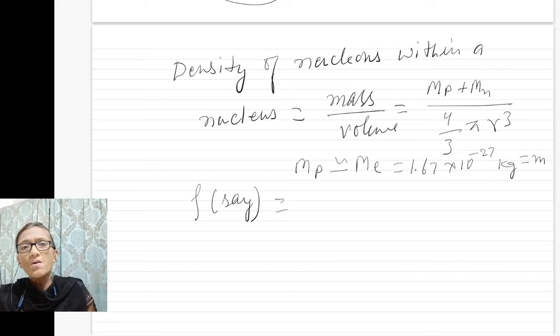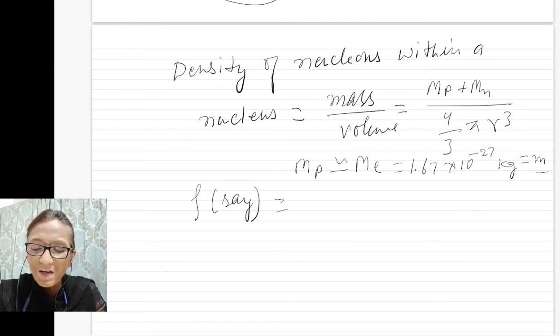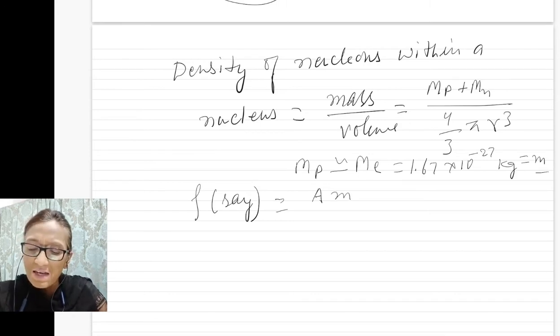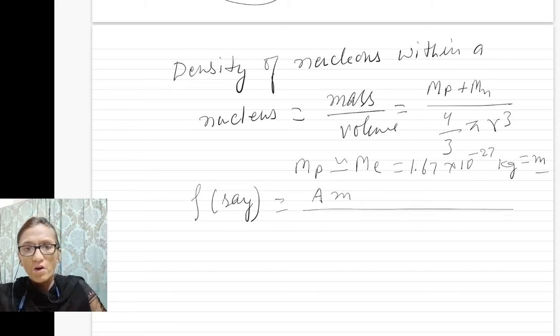You have a number of nucleons, each nucleon has a certain mass m, and the number of nucleons is the mass number A. So these are the total number of nucleons, each having mass m, and you can write A into m as the mass of nucleons.